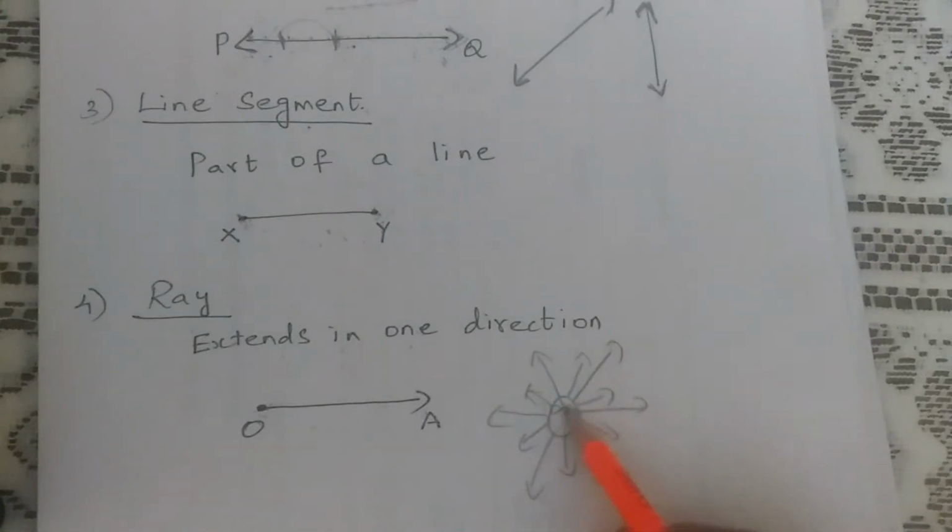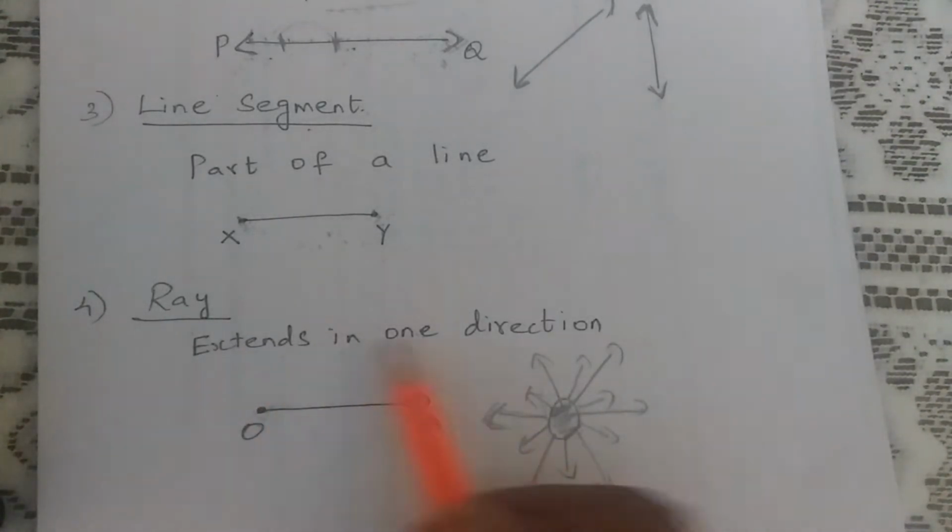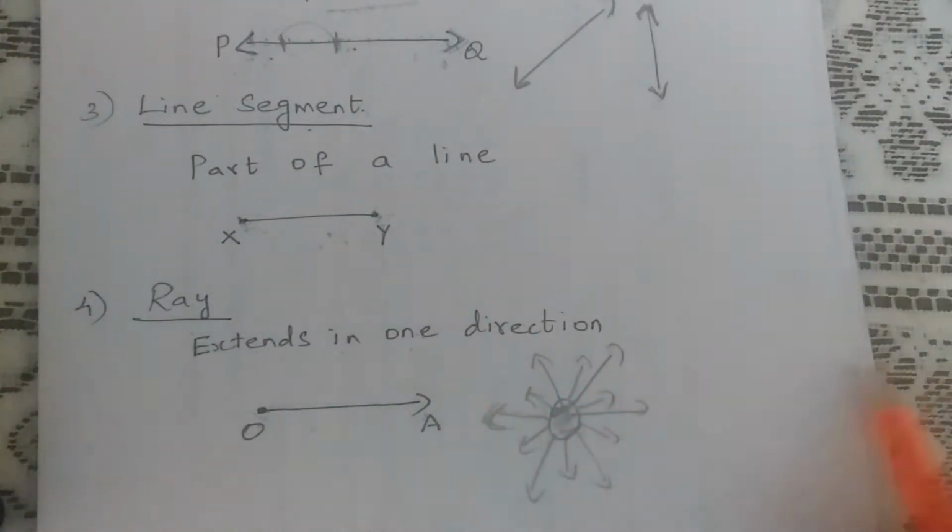From the sun, sun is the starting point. So from the sun, the rays are coming out. So it has one end point and the ray goes endlessly, it goes on and on. It reaches the earth and even it goes beneath the earth. So ray extends in one direction, one end point, and endlessly it becomes longer and longer in the other direction.